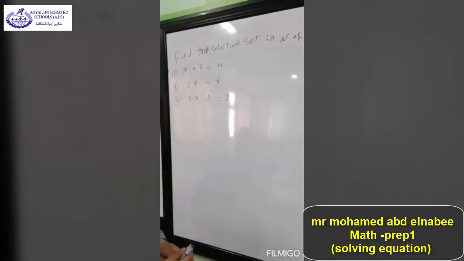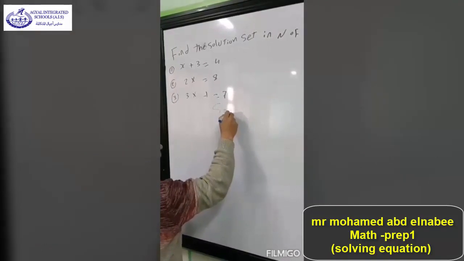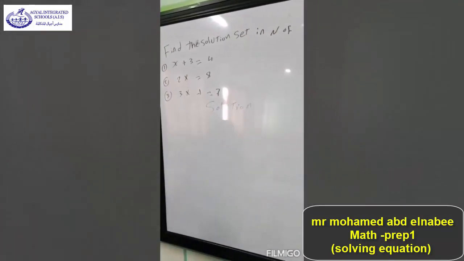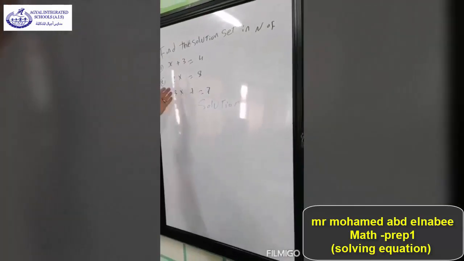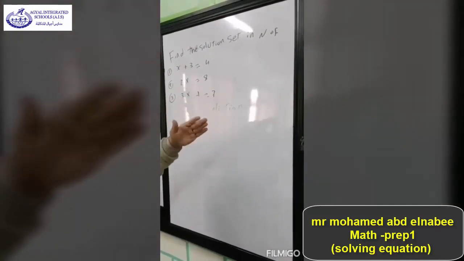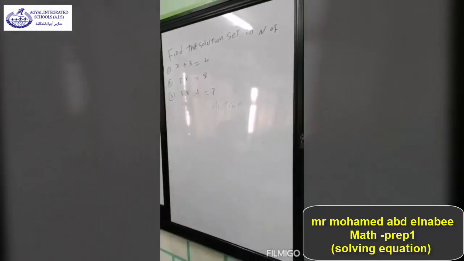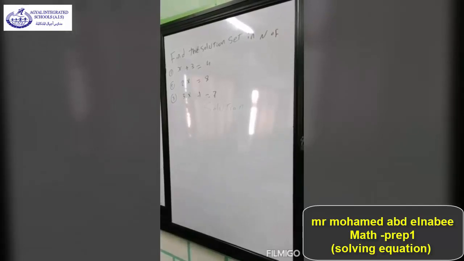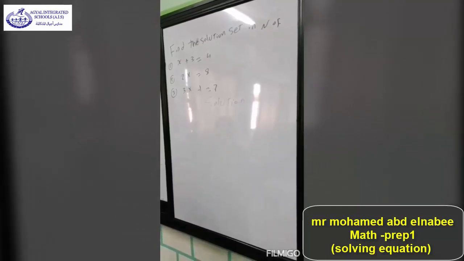What happens if we have a negative or a fraction? Look, now we start to study. We said at the first of this lesson, any operation translated from one side to another, we inverse the operation. If we have addition, it goes to the other side by subtraction. If we have multiplication, it goes to the other side by division, and so on.